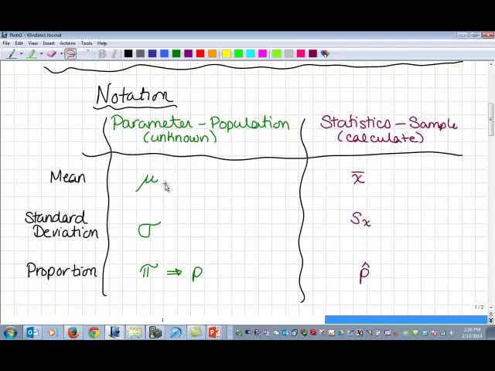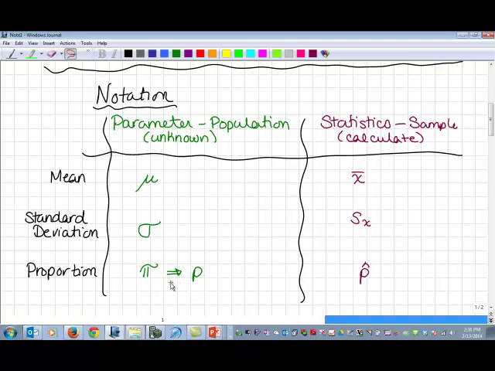So if I'm talking about a parameter for a mean, I'm going to use mu. If I'm talking about a statistic, I'm going to use x bar. Standard deviation, I'm going to use sigma, and if I'm talking about a statistic, s of x. If I'm talking about a proportion, if I was to follow the pattern that we've established with using Greek letters, I would use pi.